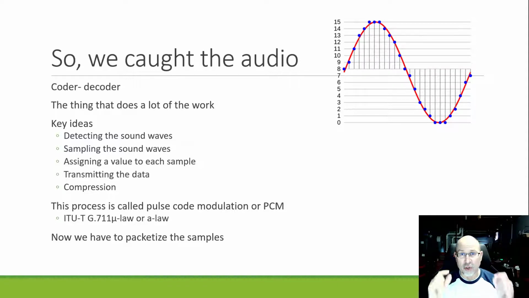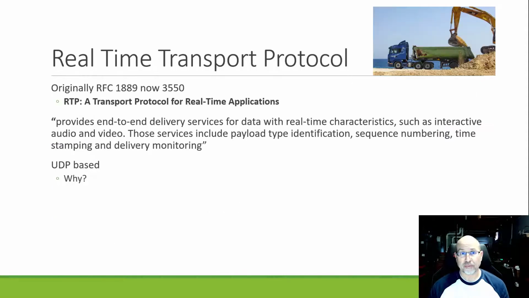Okay, so then we talked about how to packetize all of those voice samples. And for that, we used the real-time transport protocol. That was originally in RFC 1889 and now in 3550. We also know that those kinds of packets have a particular payload ID, and RFC 3551 provides the profiles for all of the different codecs that were used traditionally.